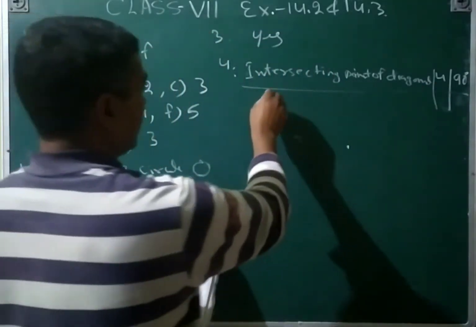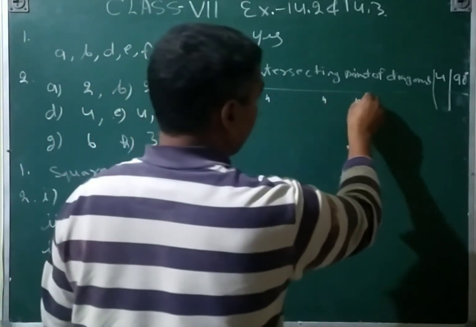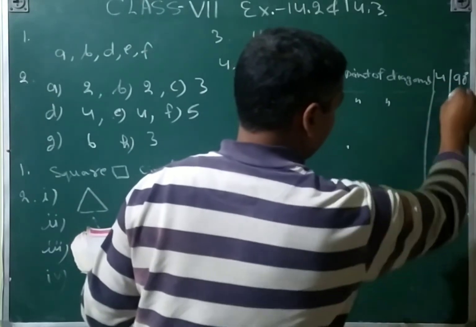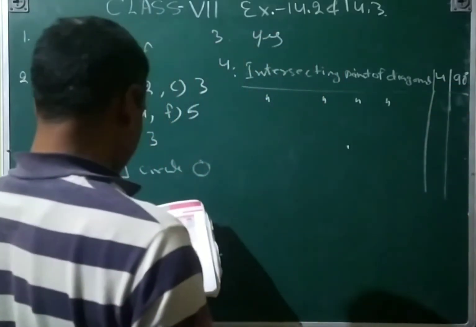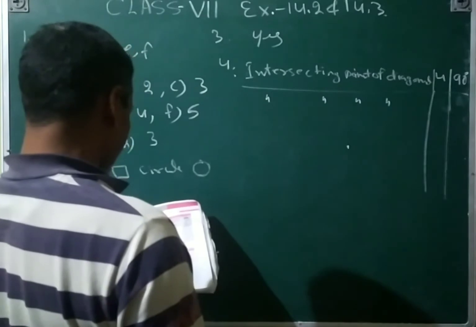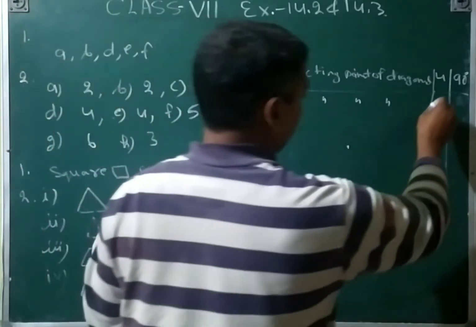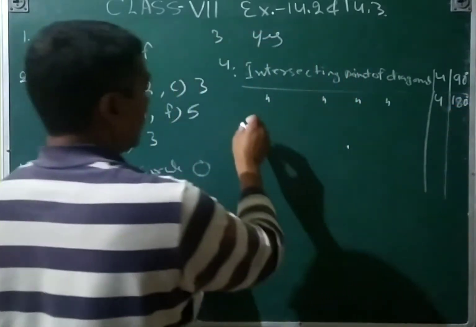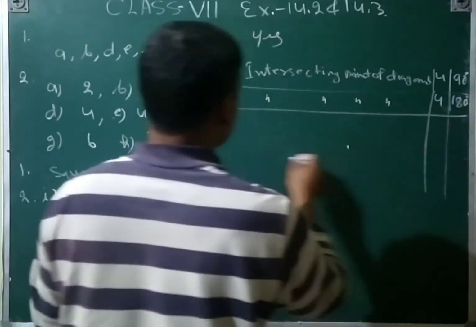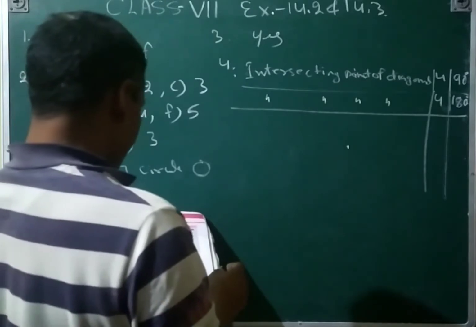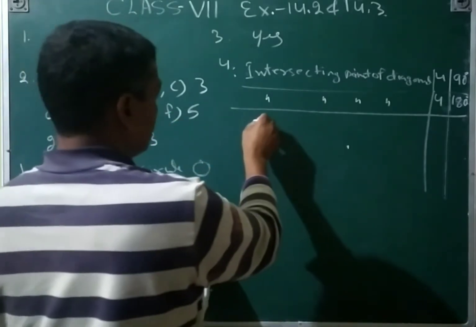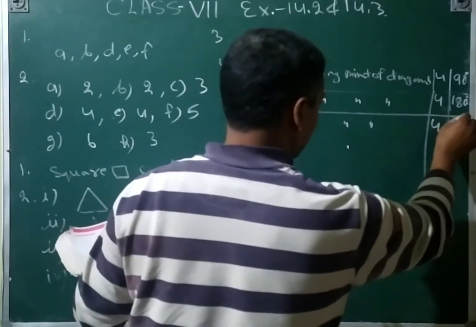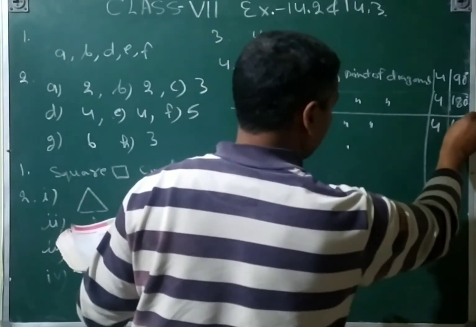Rectangle, same thing, intersecting point of diagonals, order of rotation 4 and 180 degrees. Next, rhombus will also be the same, and that will be 4, and 180 degrees.